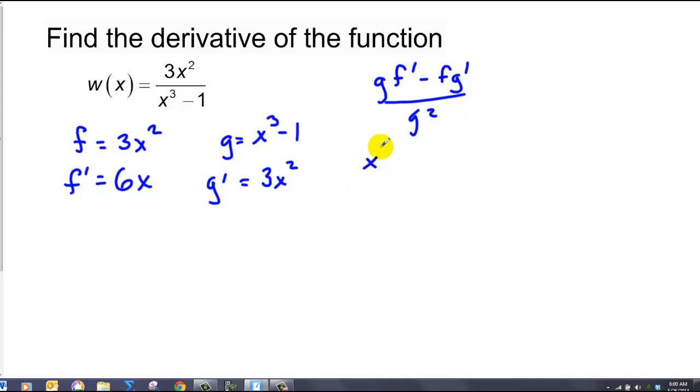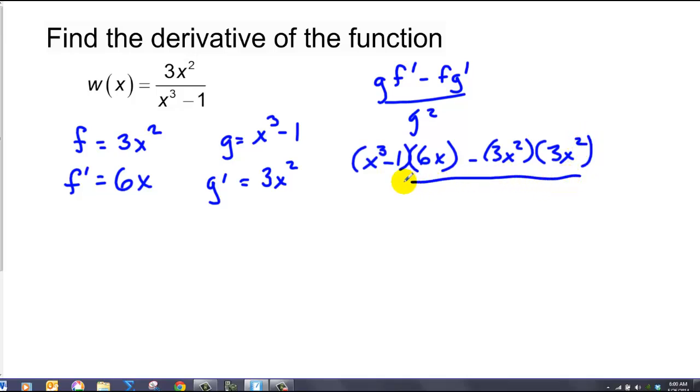G is x cubed minus 1 multiplied by 6x, subtracted by 3x squared multiplied by 3x squared, over x cubed minus 1 quantity squared.